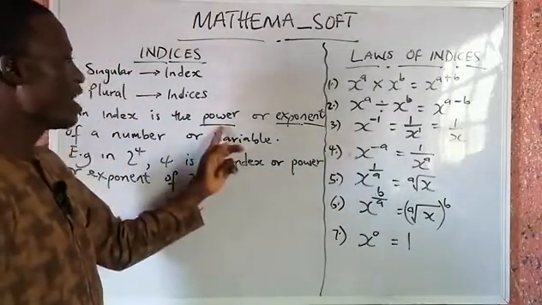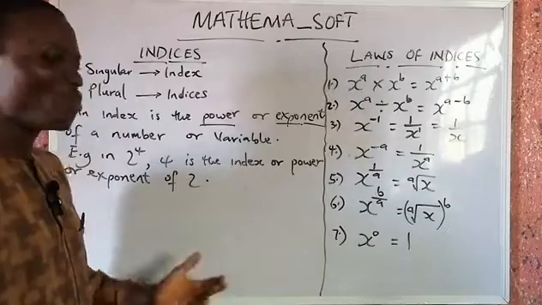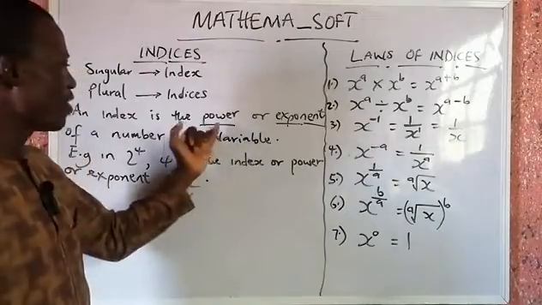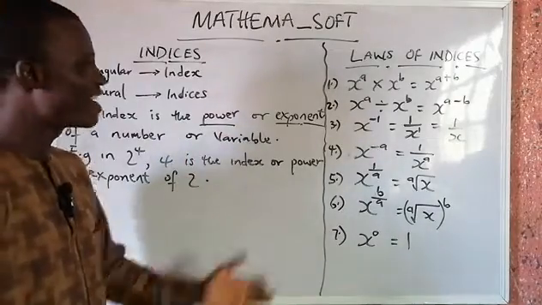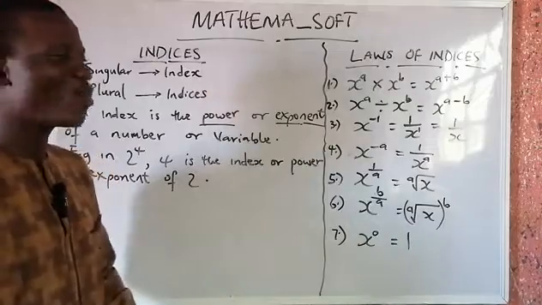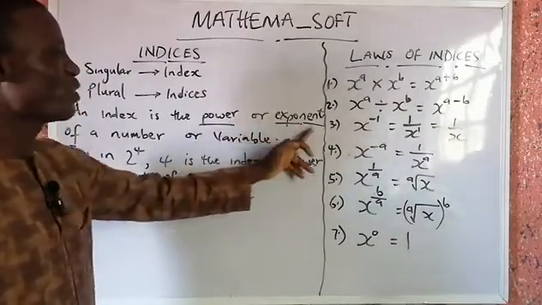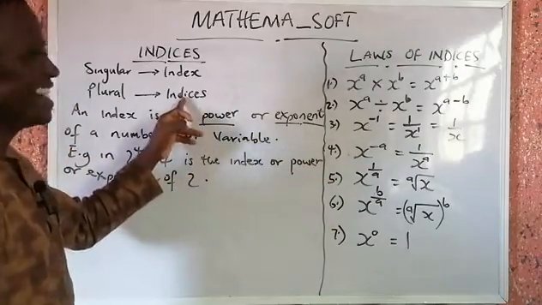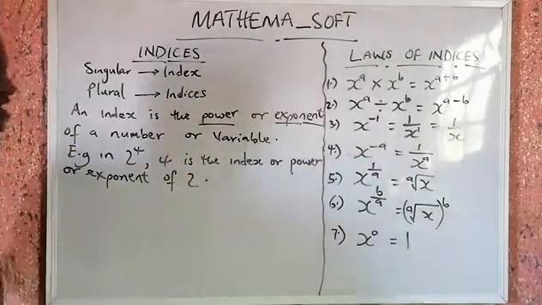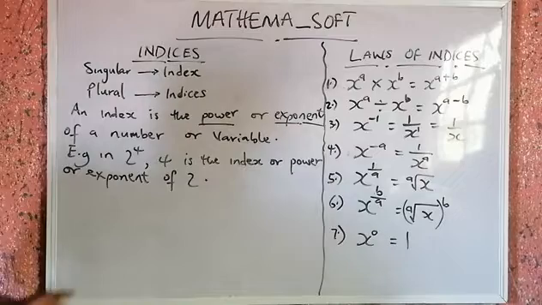I know you may be familiar with this word power. So whenever you hear the word power, we are talking about index and we are talking about what? Exponents. When it is more than one, you have powers, exponents, and you have what? Indices.